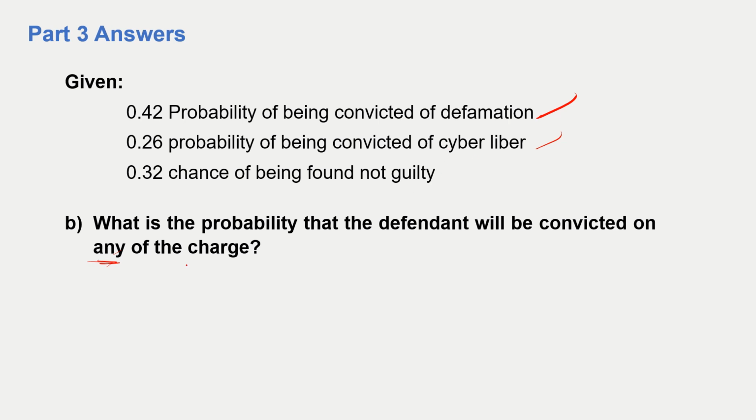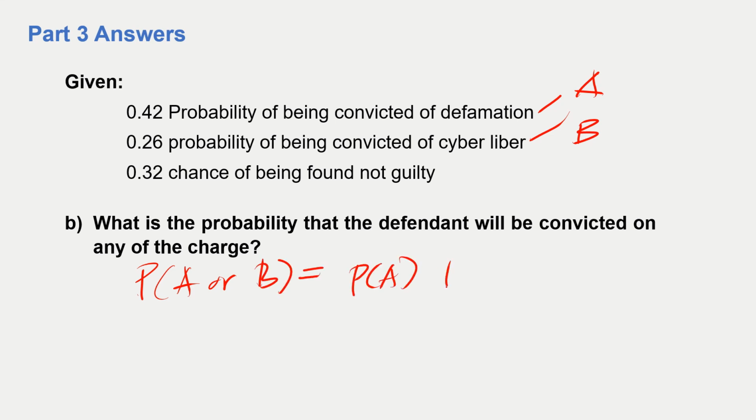Since this word hints us of disjoint outcomes, na-apply natin yung addition rule. So, any of the charge. Addition rule, suppose that this is A and B. P of A or B is equal to P of A plus P of B. So, here we have 0.42 plus 0.26.